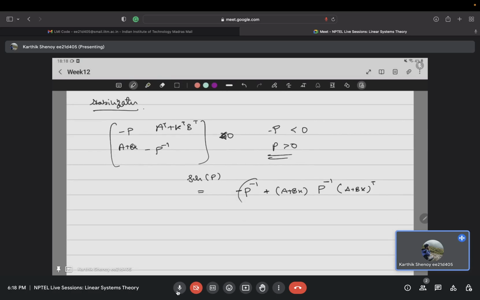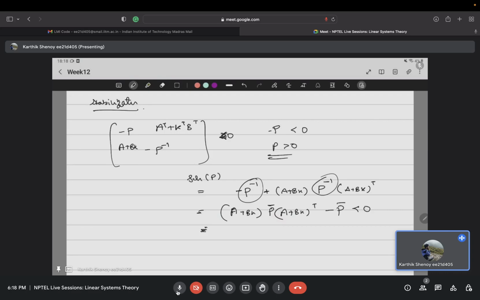So it doesn't matter if I take this P or P inverse, right? So it is A plus BK, some P bar, transpose, minus P or P bar is less than 0. Okay.